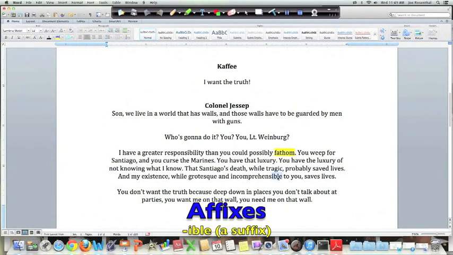The suffix ible makes the word an adjective, a descriptive word. It also means able to. So able to understand, except for we also have in. Remember, that's a prefix that means not. So not understandable.